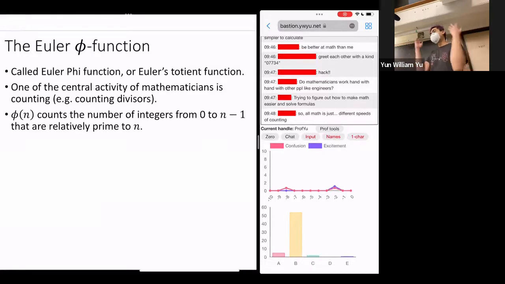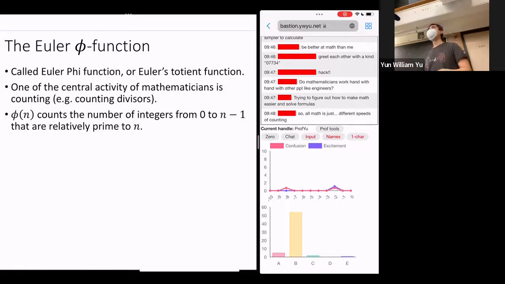Not all math is just different speeds of counting, but certainly there's a branch of math, which we call combinatorics, which is basically different ways of counting objects. That is one big branch of math. And it turns out that when you just think about how to count more and more things, you end up with this entire towering cathedral of mathematics that we force everyone to learn, because some parts of it turn out to be useful.